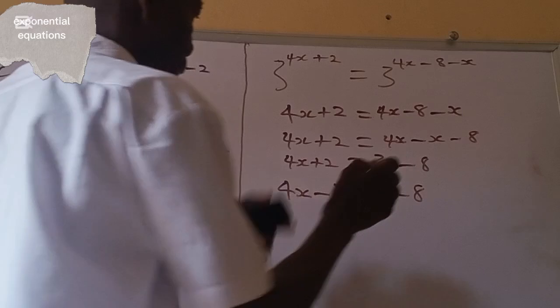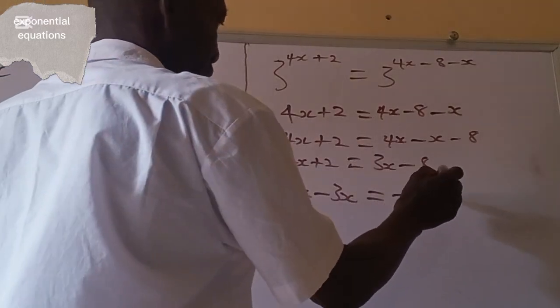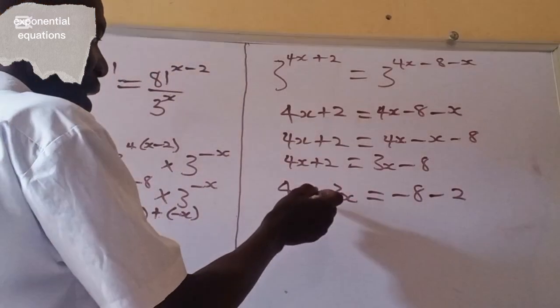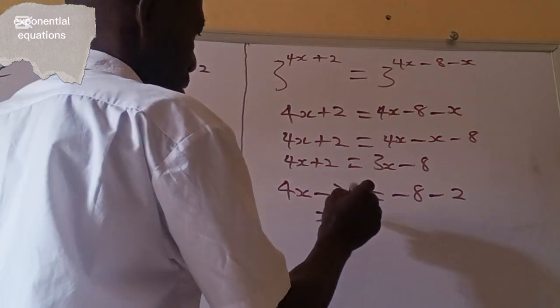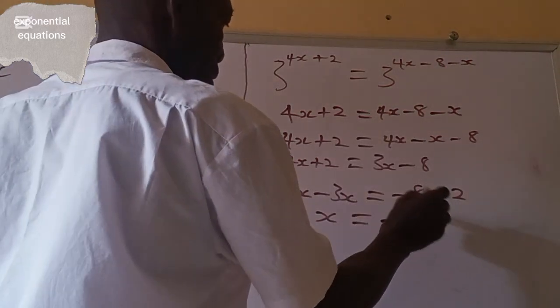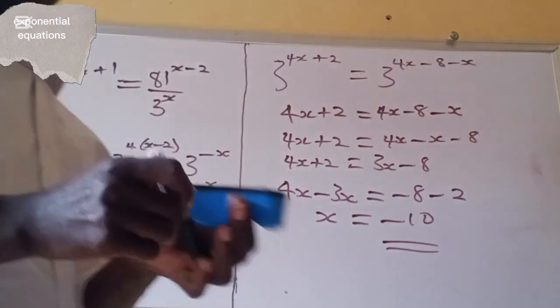When this plus 2 crosses the equal sign, it turns to minus 2. So from here, you have 4x minus 3x, that is x, is equal to minus 8 minus 2, that is minus 10. So this is our final answer.